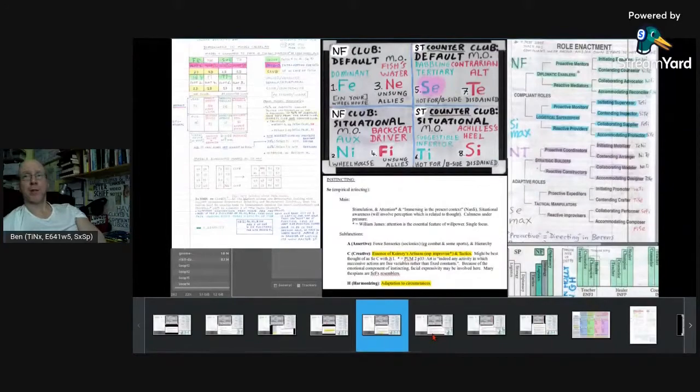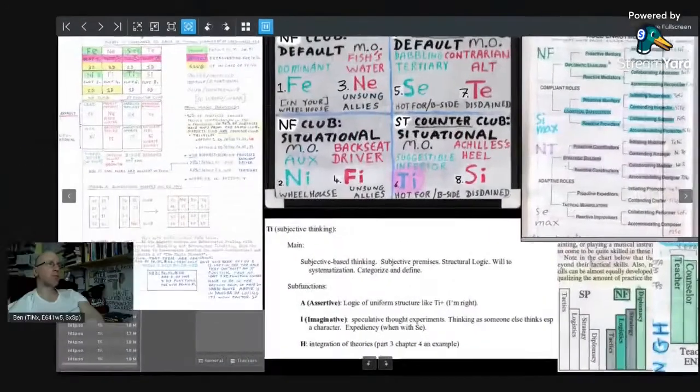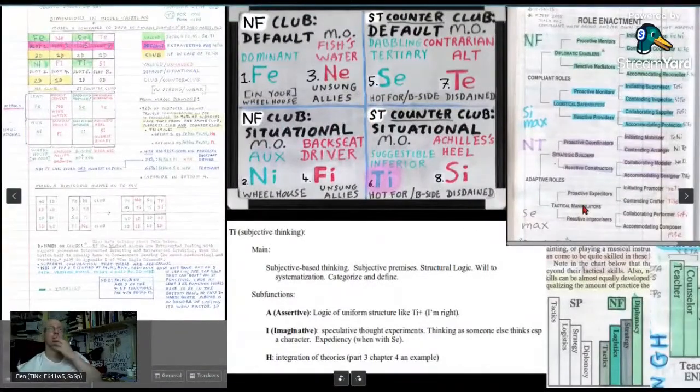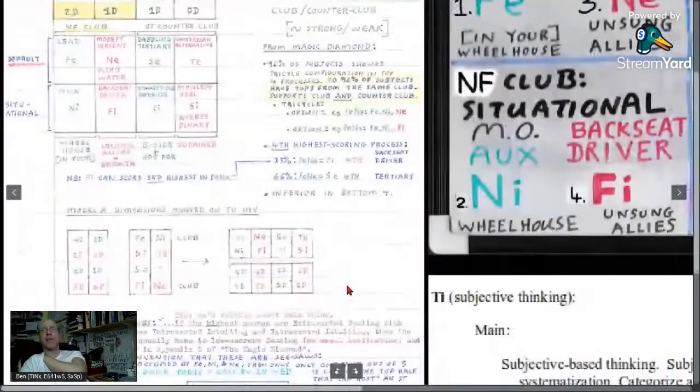Let's go to Suggestible Inferior. So again, we've got a default function. We've got two weak functions here. And these are one-dimensional in Socionics. You see here, 1D, 1D, two weak functions.